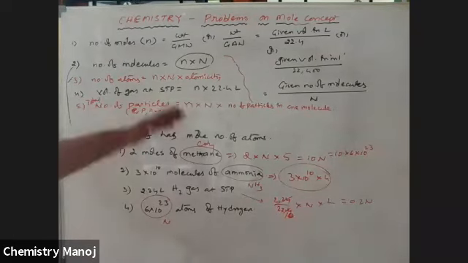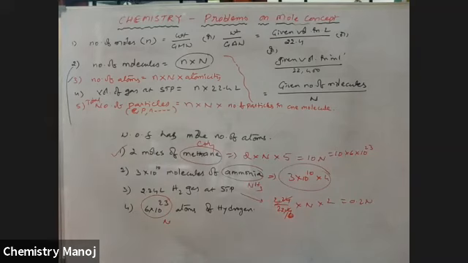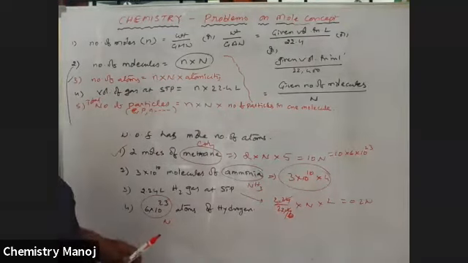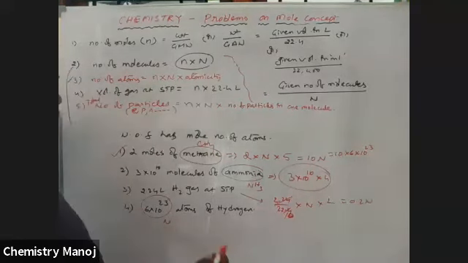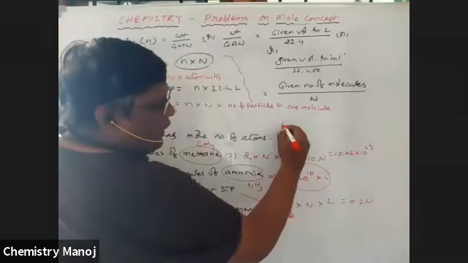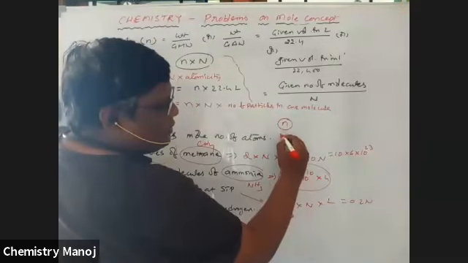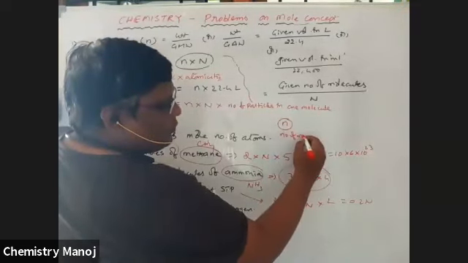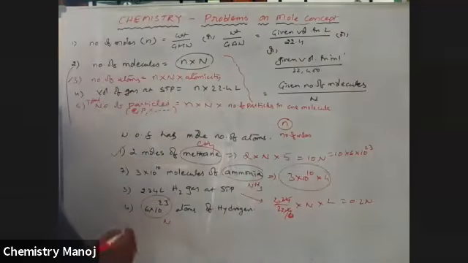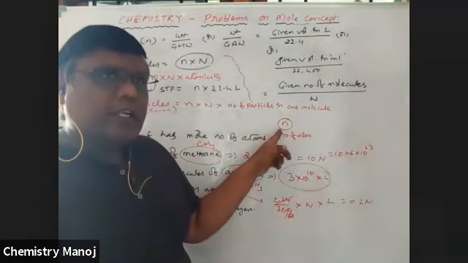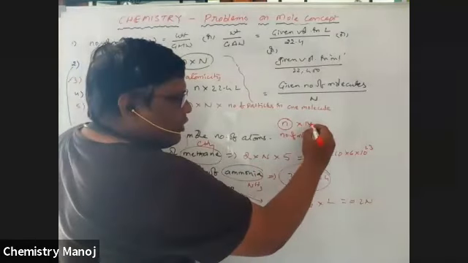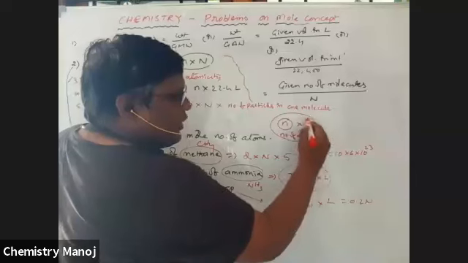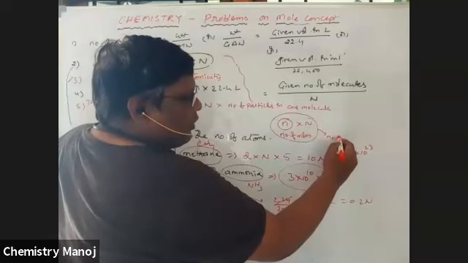Just calculate the number of atoms in each option by using this formula. If you calculate small n, that gives the number of moles. If this is multiplied with Avogadro number, that combination gives the number of molecules.